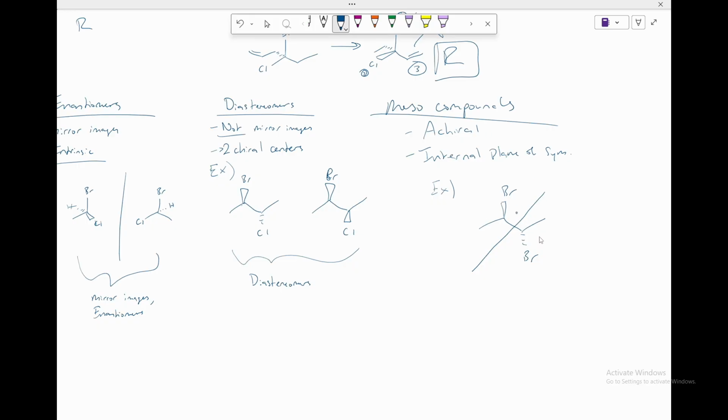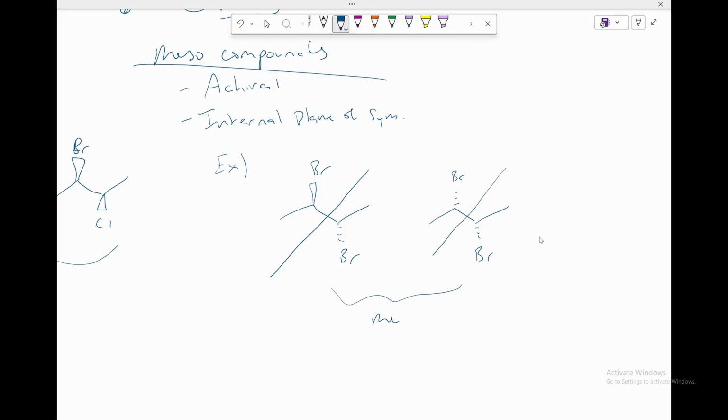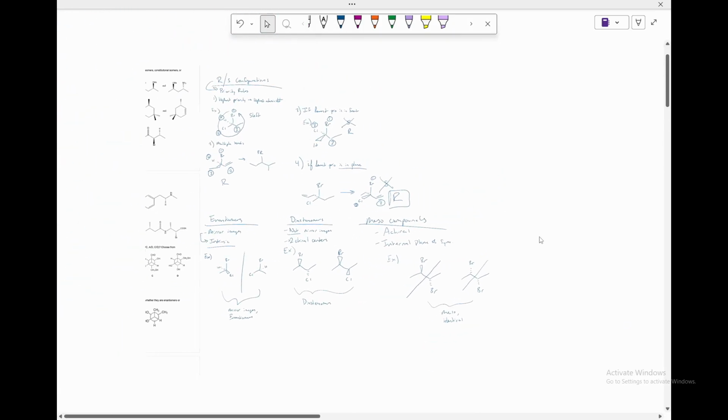It may have chiral centers, but because it has an internal plane of symmetry, it's a meso compound. So if I had another structure, maybe a constitutional isomer, hold on. If I had this, because they have an internal plane of symmetry, these are just meso compounds, and they're identical. Okay, easy. I promise, it's easy, okay?